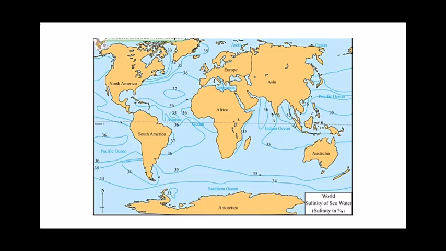The reason is the uneven distribution of temperature, as there are different temperatures in different parts of the world, and even the uneven supply of fresh water, because somewhere the oceans get more fresh water, somewhere they do not get any at all, somewhere there is little. So these are the reasons for differences in salinity at the global level.